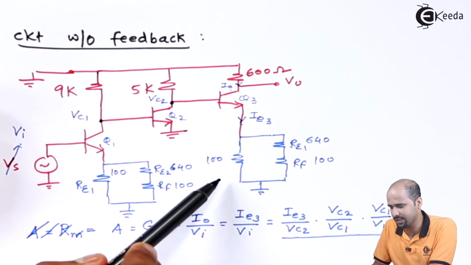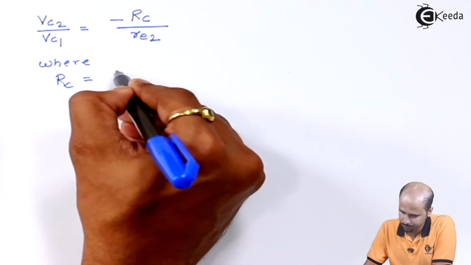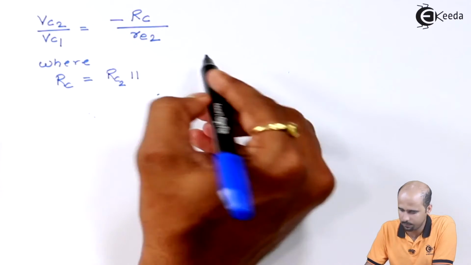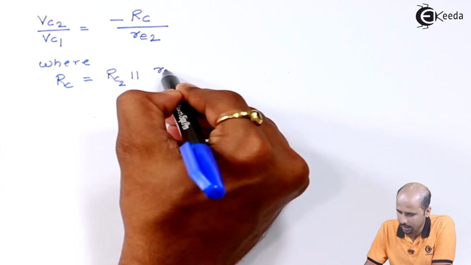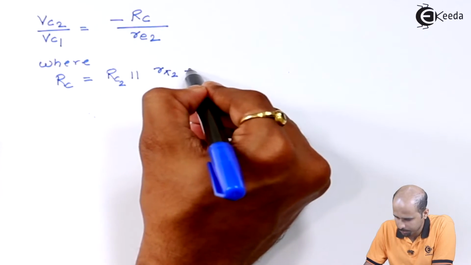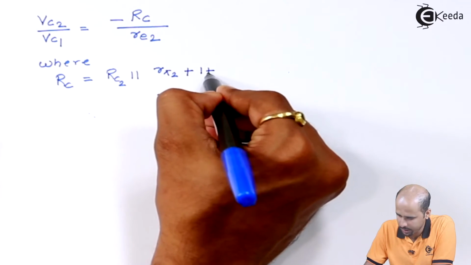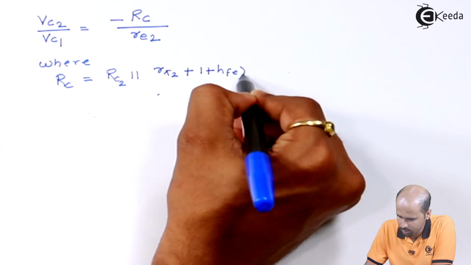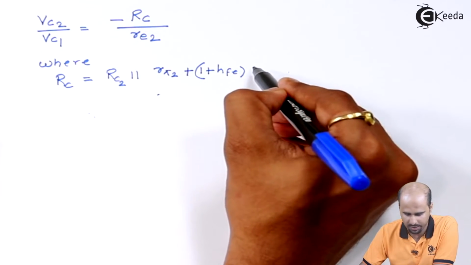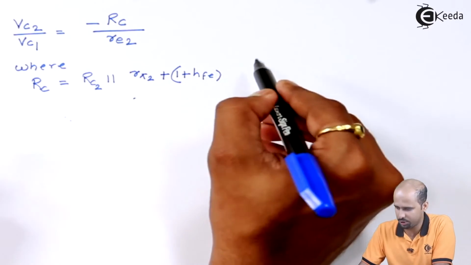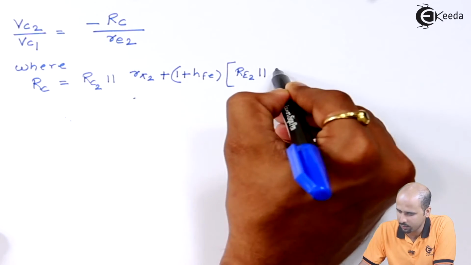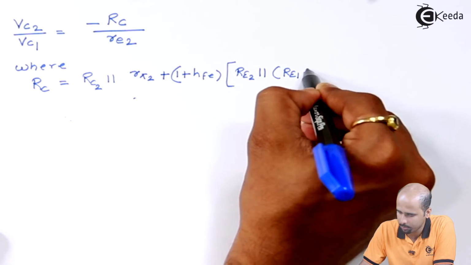So what we have to take is RC2 in parallel with the R pi 2 plus 1 plus hfe, that is nothing but 1 plus beta, multiplied by this whole combination, that is nothing but re2 in parallel with re1 plus RF.